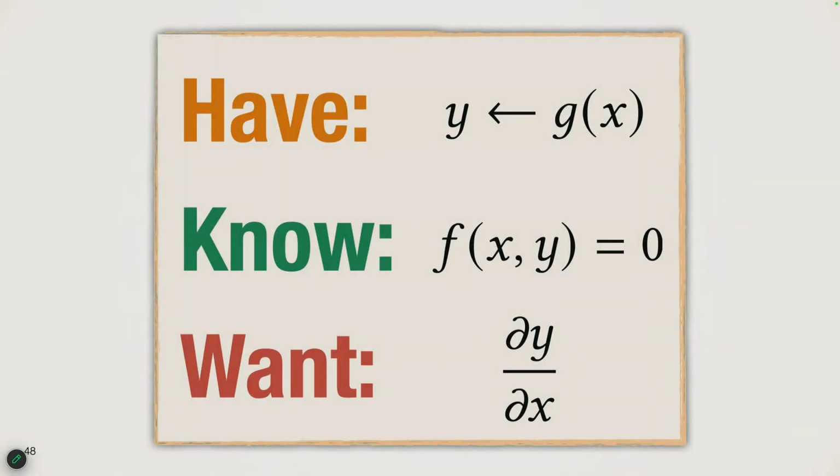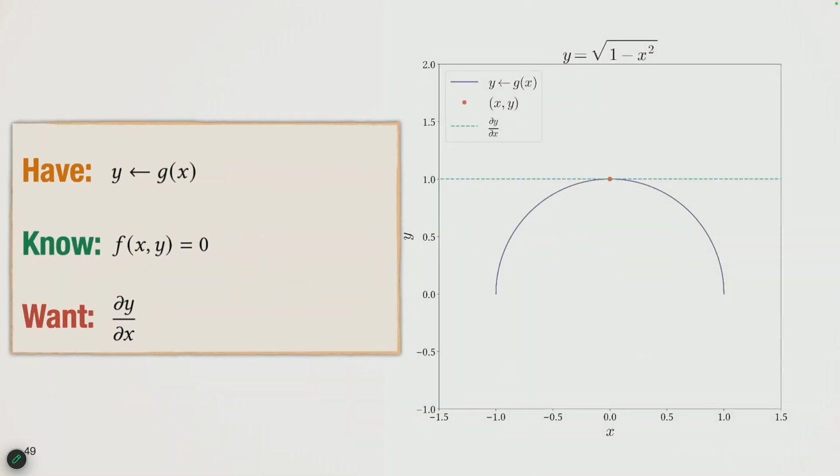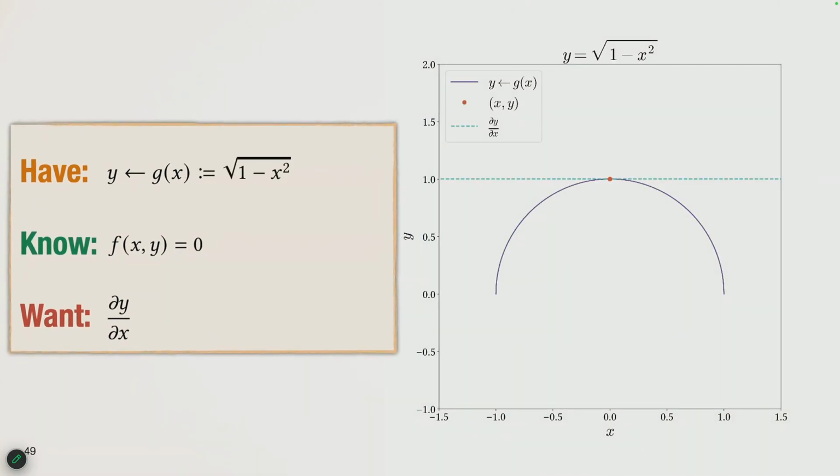So let's walk through a more concrete example. Let's say our function g is a mapping from x to the upper half circle. Now this is really simple, and you can compute the gradients by hand, obviously. So this is just the square root of 1 minus x squared. But bear with me and pretend that this is something that's maybe not differentiable, or tries to avoid dividing by 0 in some way.